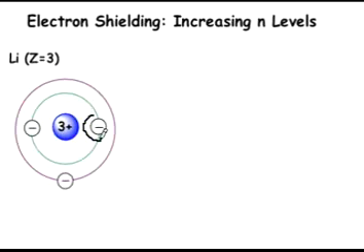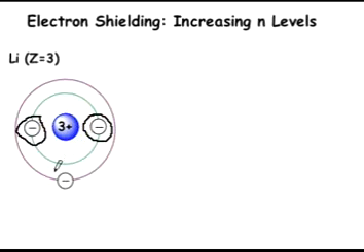These 2 electrons, which are closest to the nucleus, which we call core electrons, feel the pull of the nucleus the greatest. There is nothing standing in between the positively charged nucleus and this electron or this electron. That means that both feel the pull the strongest, and they each feel a pull of +3 acting on each electron.